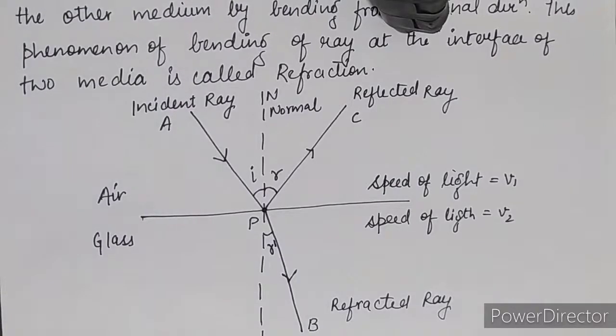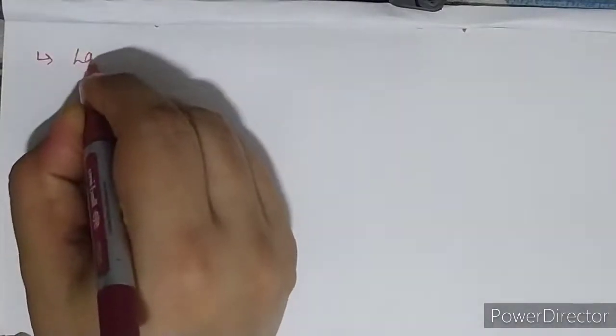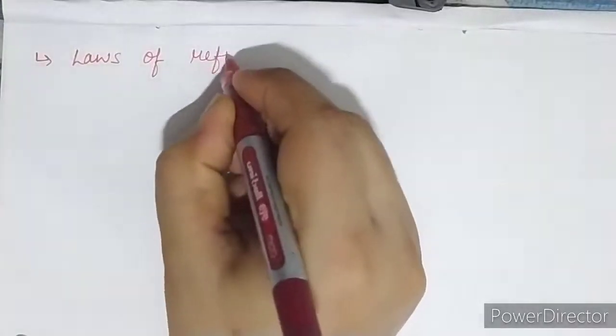This is the refraction of light. Now, as the reflection has two laws, similarly in refraction also we have to follow some laws, and those are the laws of refraction.